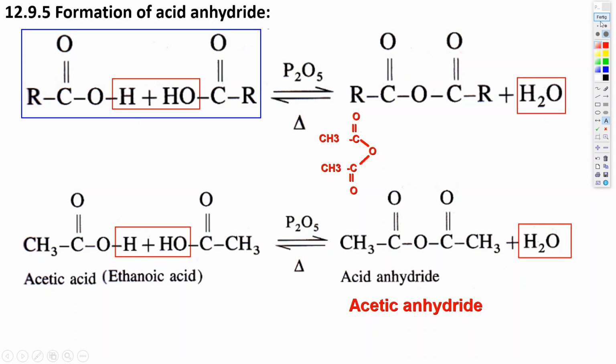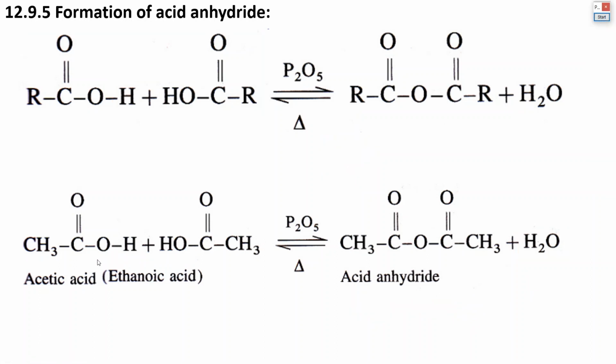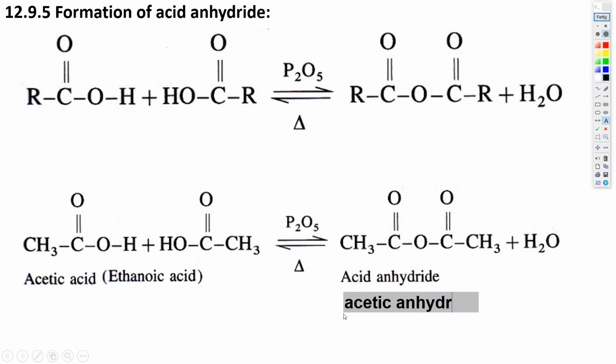So the question based on this reaction is like this: convert acetic acid or ethanoic acid into acetic anhydride. Or how will you prepare acetic anhydride from acetic acid or ethanoic acid?